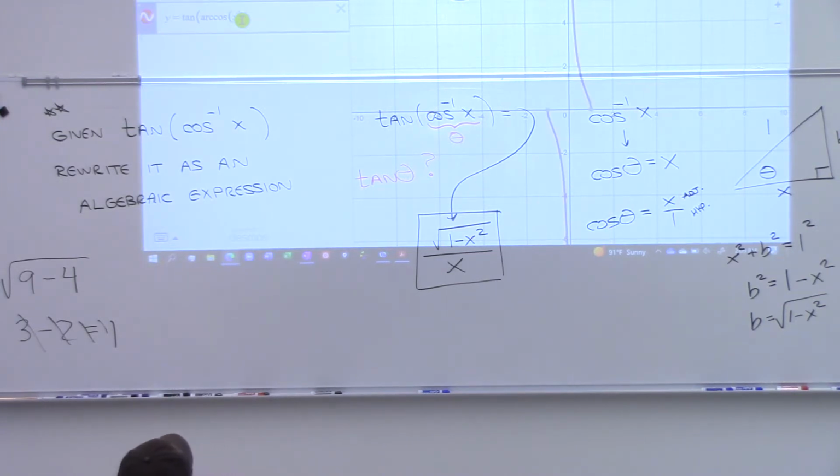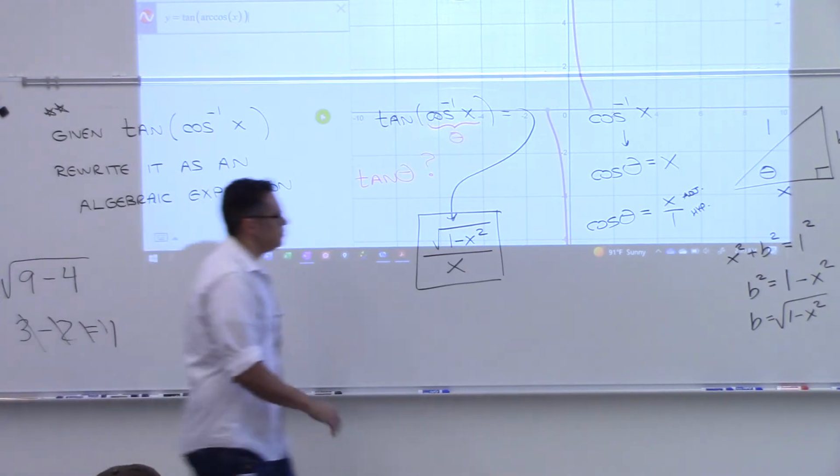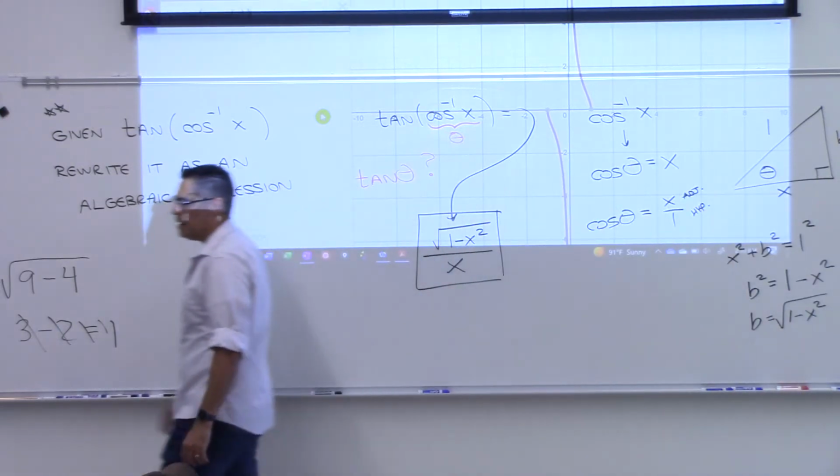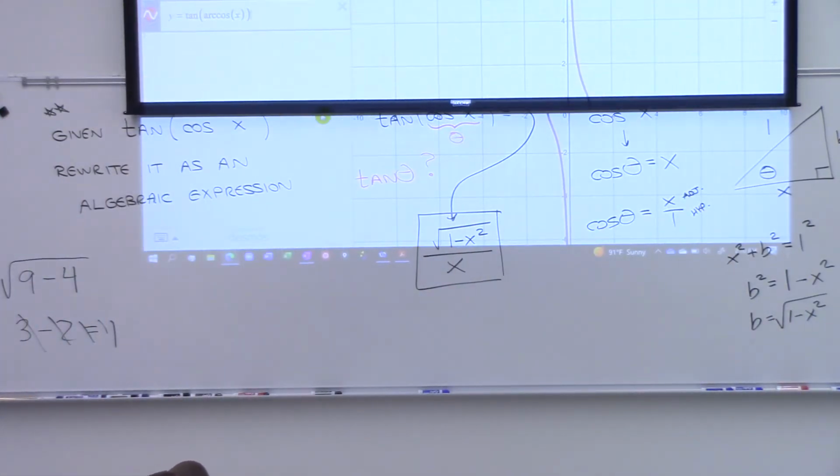There's the graph. You all see that graph? That is the graph of tangent of arc cosine of x.